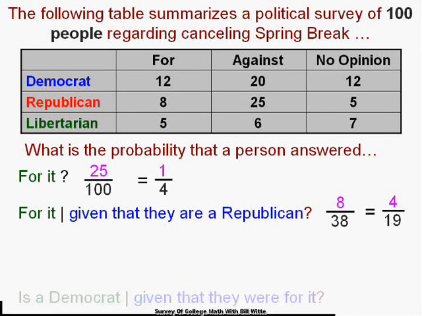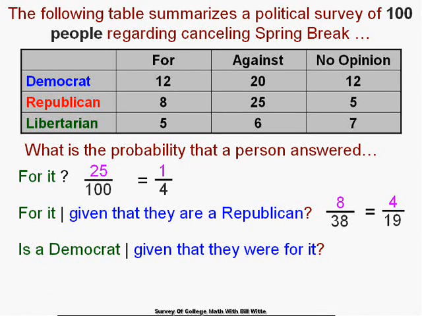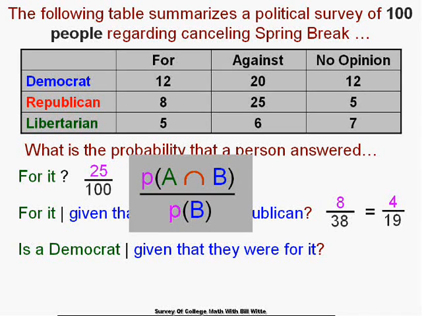What's the probability that a person is a Democrat given that they were for it? Well, let's see. Once again, we're going to have to do A intersected with B over the probability of B. So the probability that they are a Democrat and that they're for it. How many people are a Democrat and are for it? I hope you see at the table is 12. So our numerator will be 12.